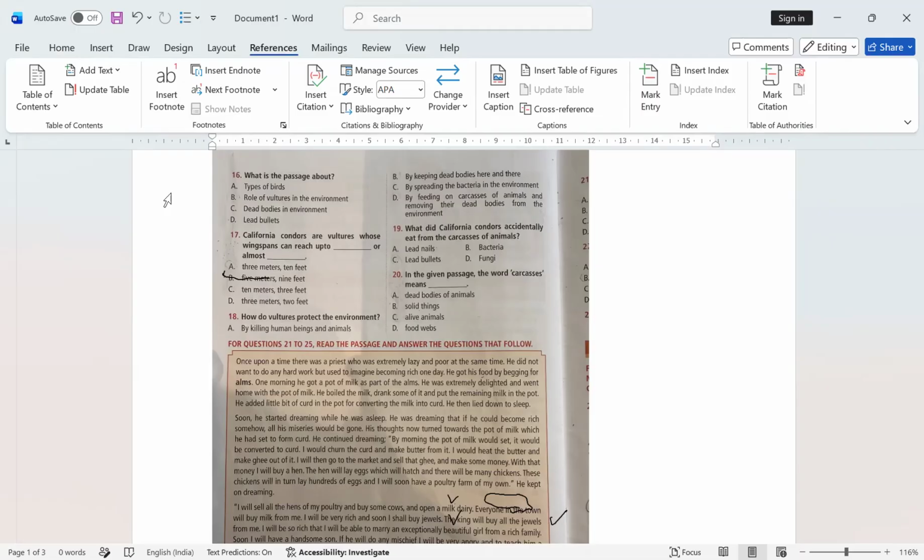Okay? And what does an archaeologist do? They discover things that happened before, like about prehistory. Yeah. But we will not say that they are historians.